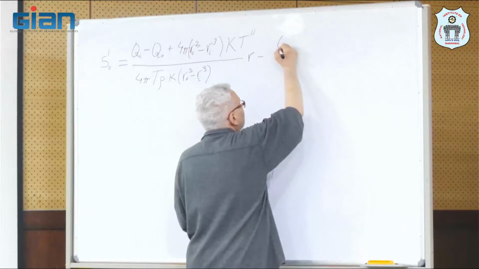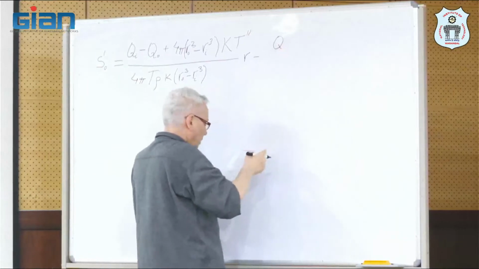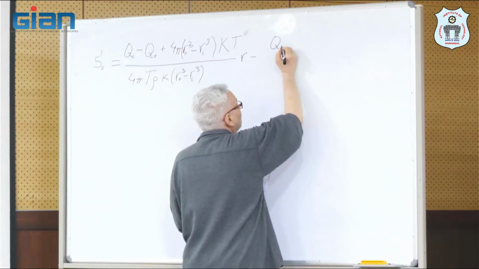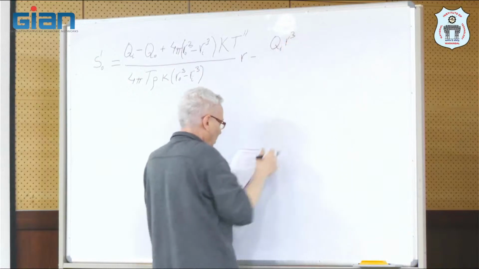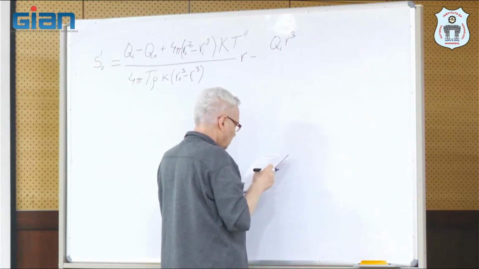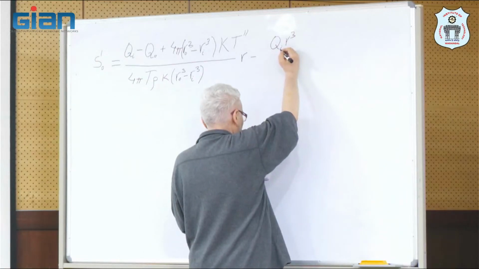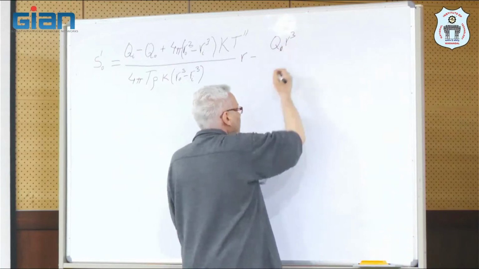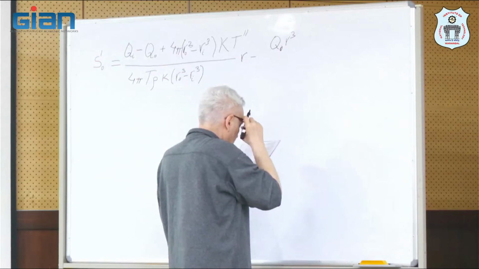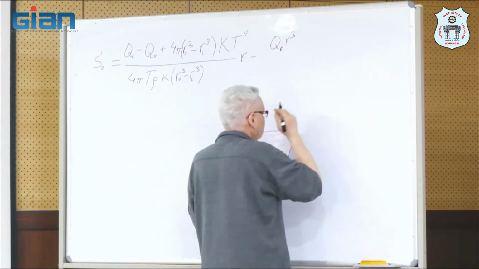So, it's written down like this, QO R cube. Okay, we start here from QO R cube.